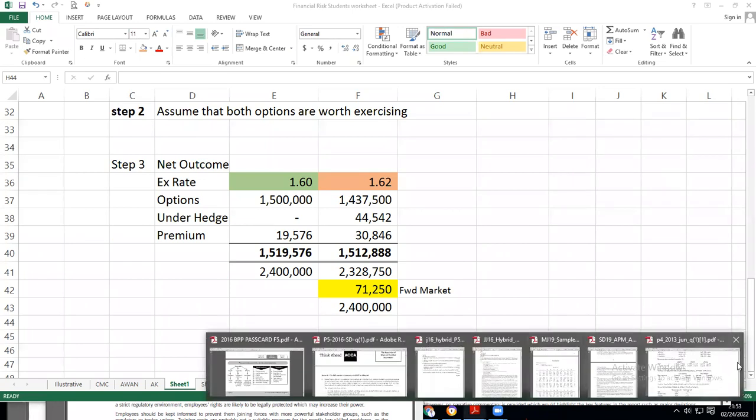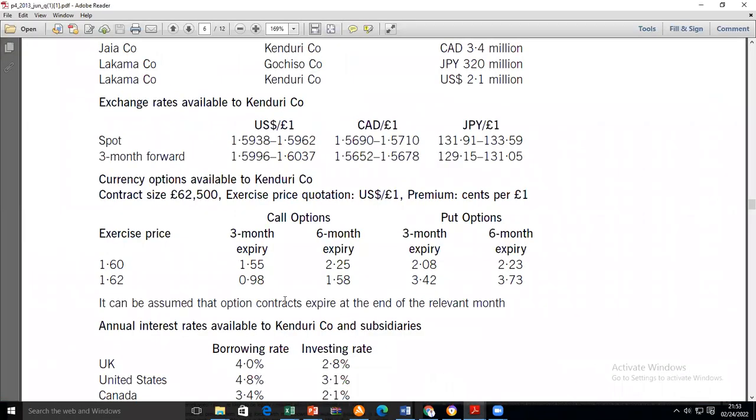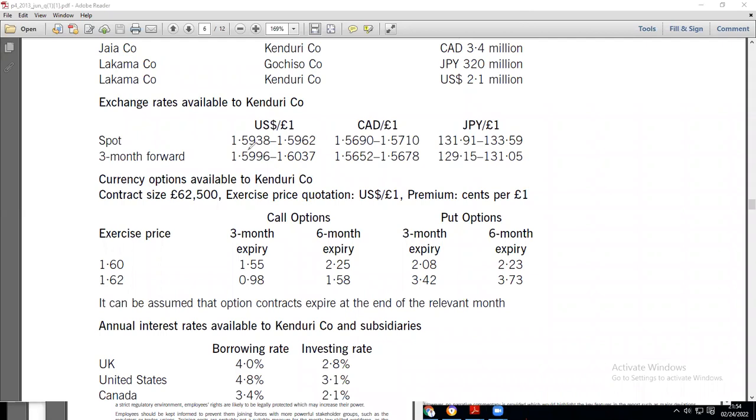What is the bank using? The bank selling rate is here, 1.5996. So that shortfall will be hedged using the forward rate of 1.5996. Okay, nice, understood.